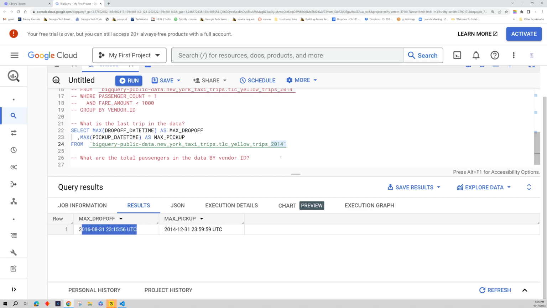Drop-off time, not so much. So I would answer that the last trip in the data is most likely this one right here that went all the way up to New Year's Eve, 1 second before it turned to New Year's Day. And the reason why I'm saying that is because this particular data says that it's only supposed to contain 2014 data. So 2016, I don't know about him.